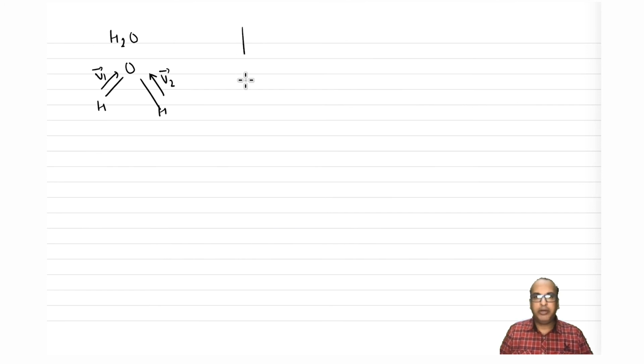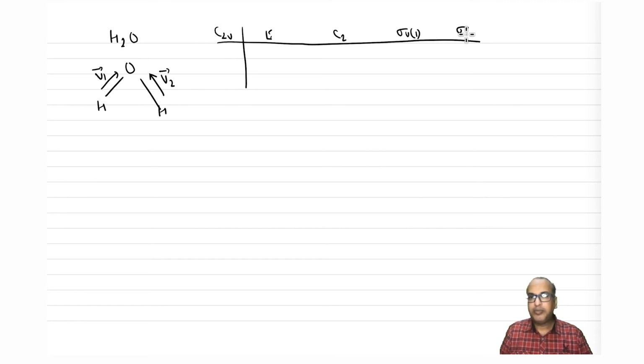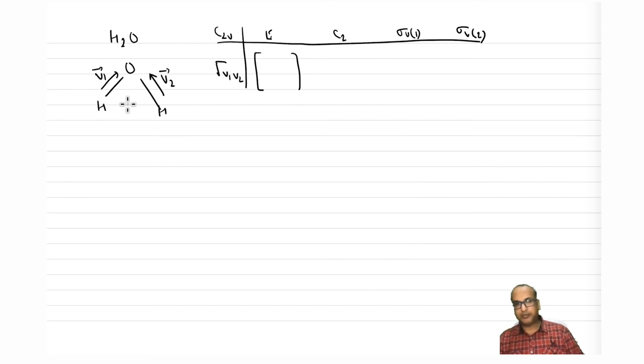So what I mean to say is that we have E, C2, sigma V1, sigma V2. Let's say tau V1 V2. Now this will be a 2 cross 2 because my basis set has two vectors.